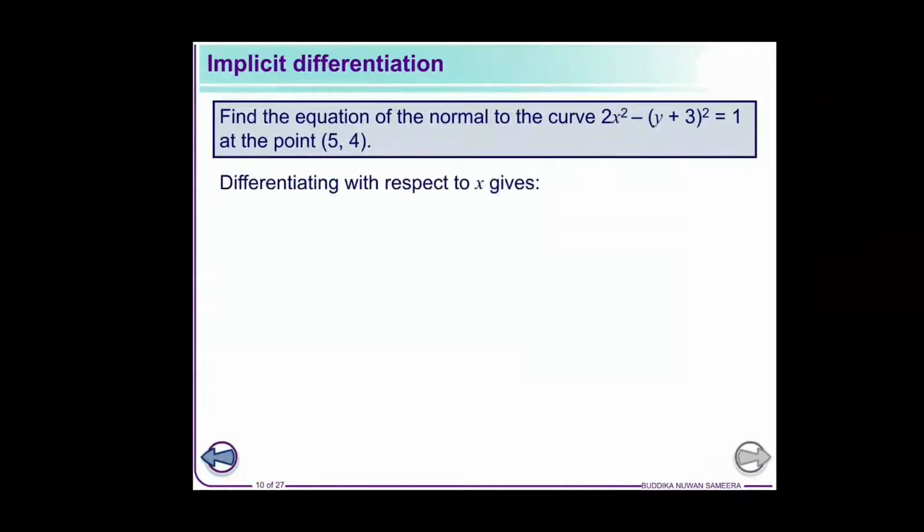So first I'm going to differentiate this function with respect to x. When you differentiate 2x squared, that is very easy, 4x. When you differentiate (y plus 3) squared as a power, you get 2 times (y plus 3), and you have to multiply by dy over dx, equal to, when you differentiate 1, the answer is 0.